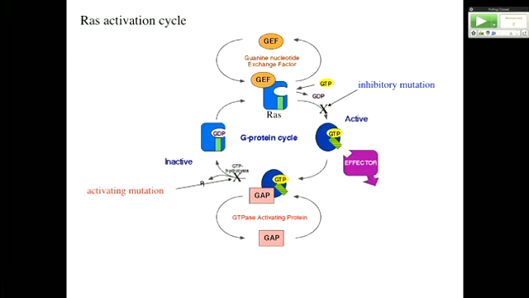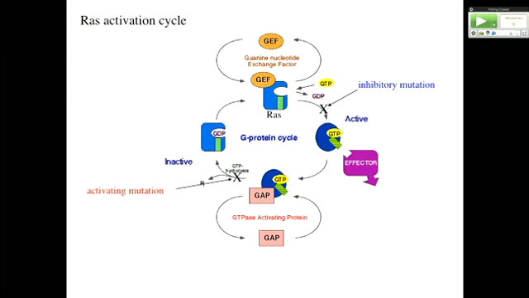That active mutation would be a mutation which blocks the intrinsic GTPase activity. Okay, so if you block the GTPase activity, you remain in the active configuration, GTP bound, and you're constitutively active. So one mutation, an activating mutation, would be a mutation that blocks the GTPase activity.